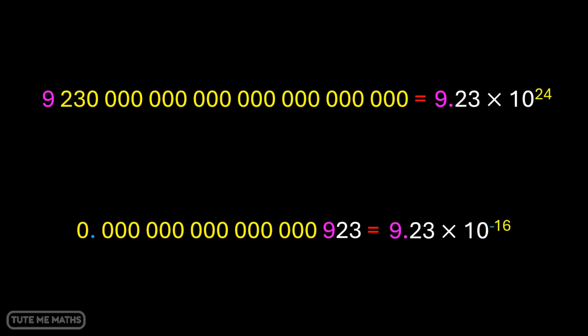For numbers greater than 10, we write the non-zero digits out the front, although we might need to round or include extra zeros to indicate the correct level of accuracy. We place a decimal point after the first non-zero digit here. Then we count the number of digits between the new position of the decimal point and its original position, here, on the end of the number in this case.